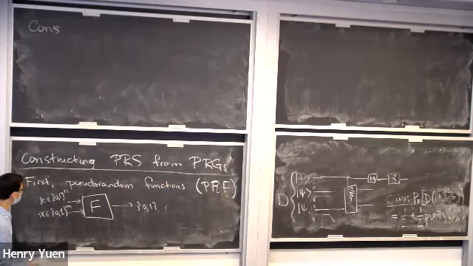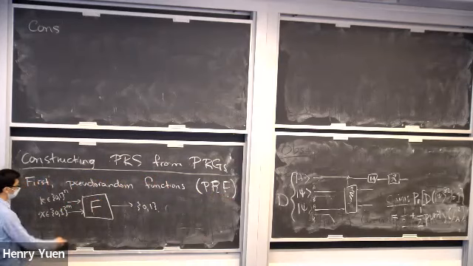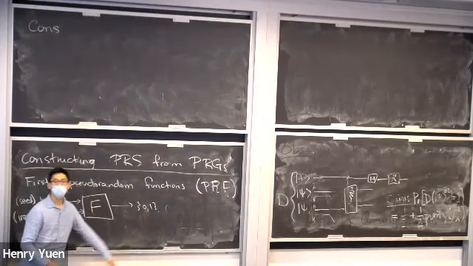Here's the picture. It's another function. Let's call it capital F now, but it takes two inputs. It takes in a key, which is still the seed, and it takes in another string X that we will maybe confusingly call the input, and it outputs a single bit.